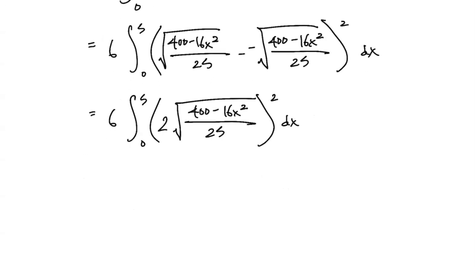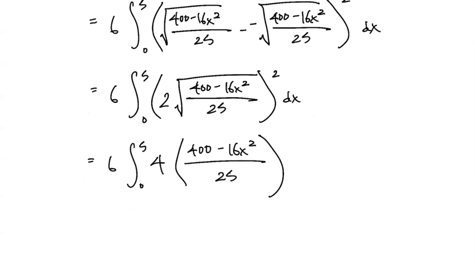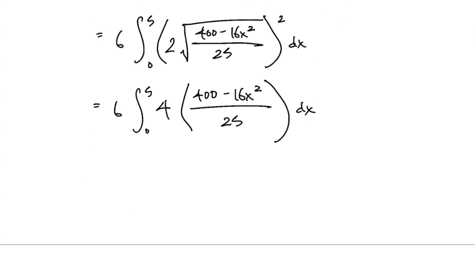All right, let's go on a little bit more with the algebra. 2 squared is going to give me 4. 4 times, no more square root, because I've squared it. Yes, RIP the constants too.